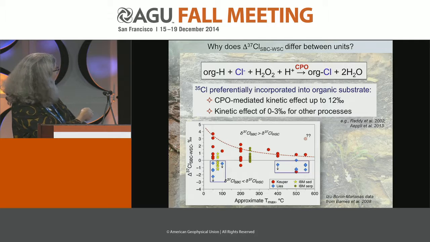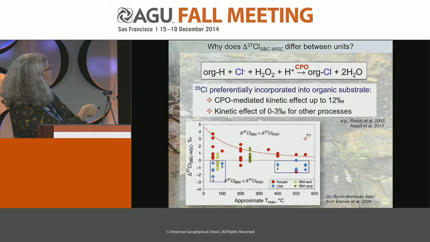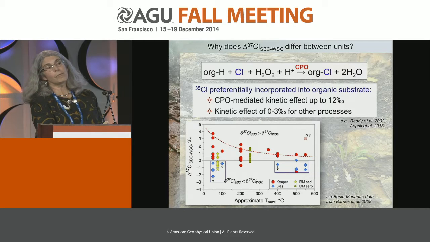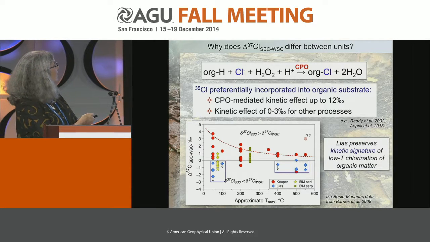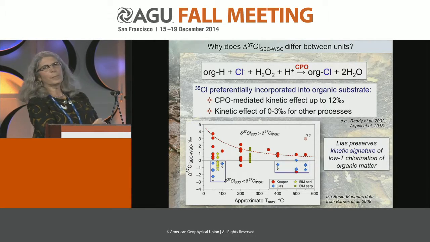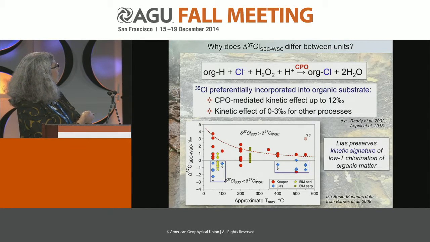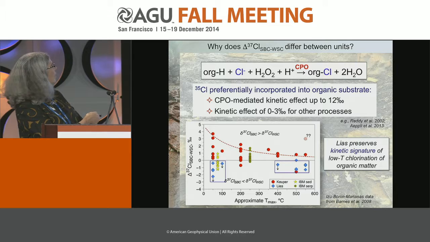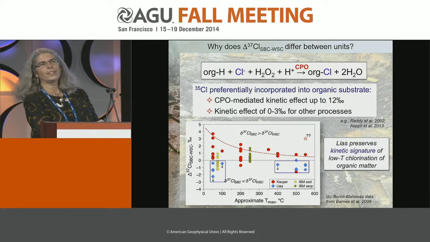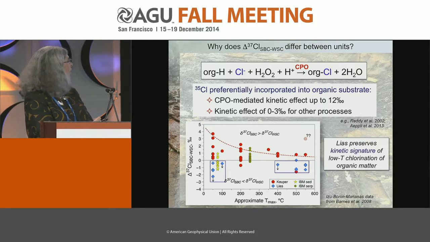But in every case, they would drive the rocks down to this field that we see in the blue. So I think we're looking at a signature of low temperature chlorination of organic matter that is preserved from the sedimentary realm all the way up to amphibolite facies metamorphic conditions.